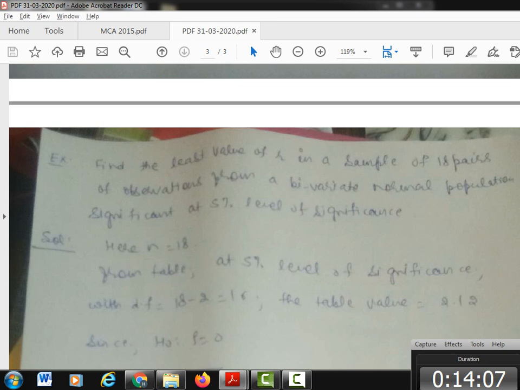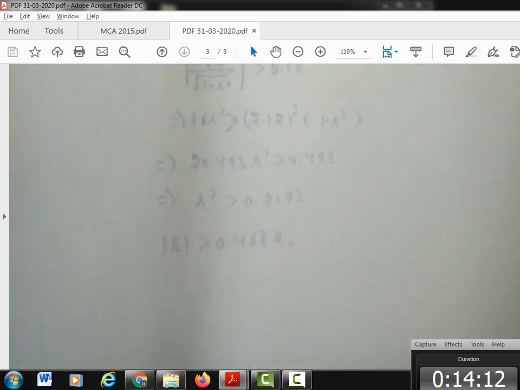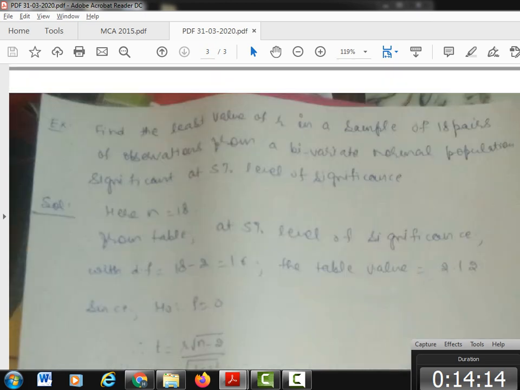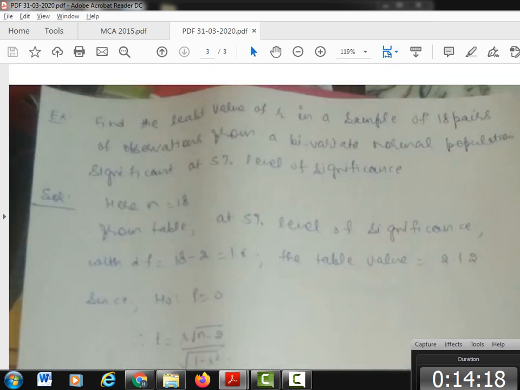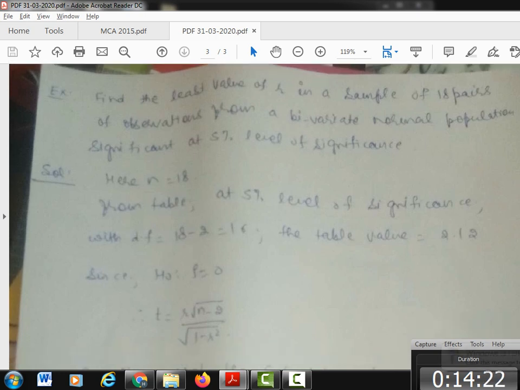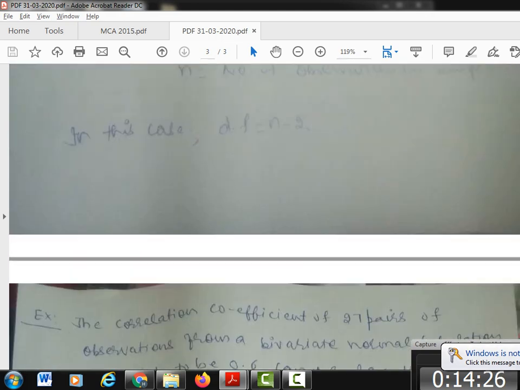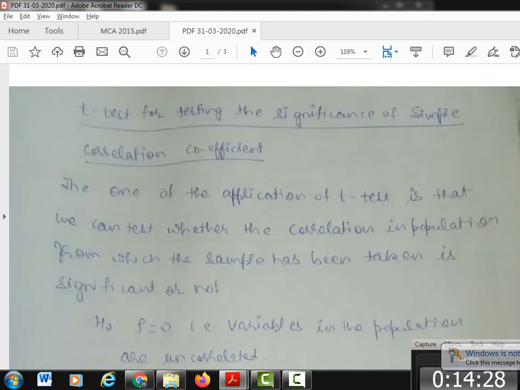So the question was the least value of r. So the least value of r is 0.4682, in order that the sample of 18 pairs of observations from a bivariate normal population be significant at the 5% level of significance. I hope this application is clear to you. This is one more application of the t-test.